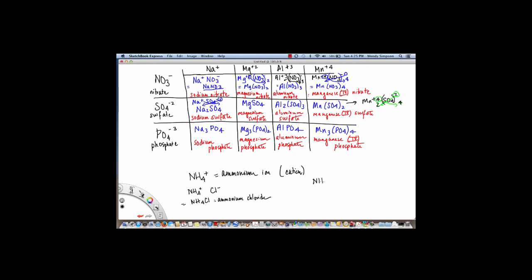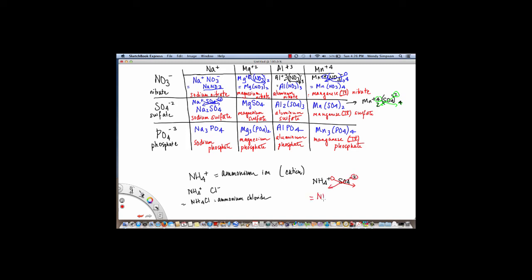We can also combine the ammonium ion with an anion that is a polyatomic ion. Let's say we combine it with sulfate, which has a -2 charge. So again, you're remembering that these polyatomic ions act as single units. We can apply the crisscross rule. The 1 becomes the charge on the sulfate, the 2 becomes the charge on the ammonium.